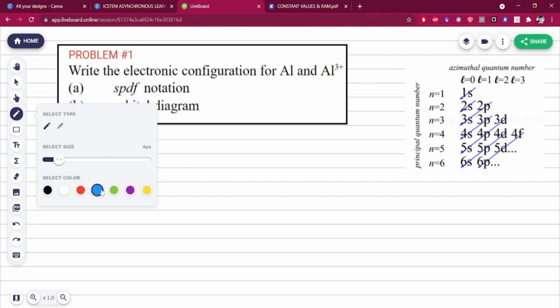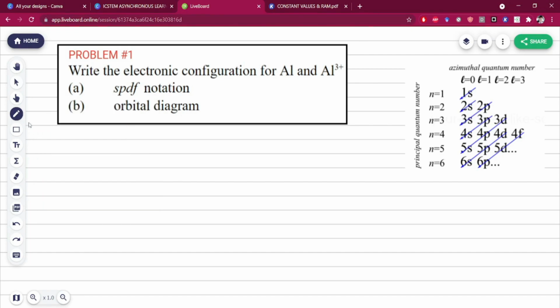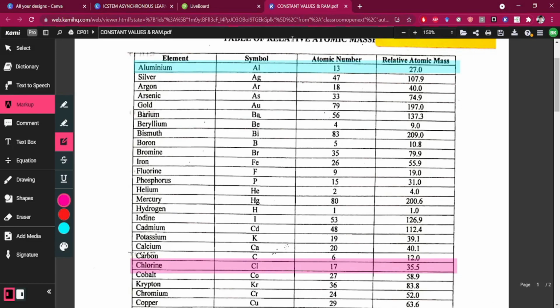Aluminium is the species given to us, so we need to know the proton number. To do that, we can go to the constant values and RAM table right here. As you can see, aluminium, symbol Al, the atomic number, another term for atomic number is proton number, is 13.